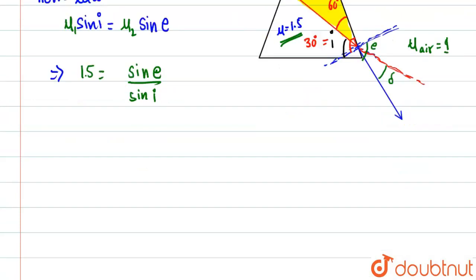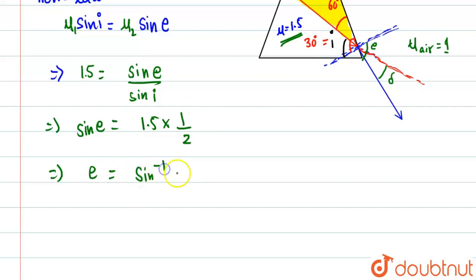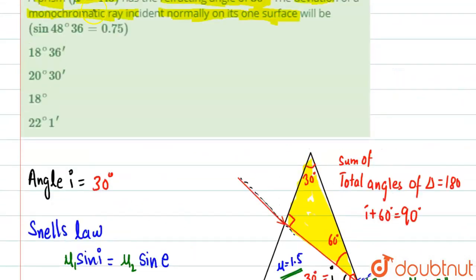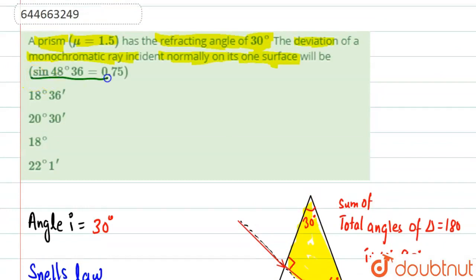So from here, 1.5 will be equal to sine E, which we don't know, so we leave it like this, divided by sine I. So sine E is 1.5 into sine 30 degrees. Sine 30 degrees is 1 by 2. So E will be equal to sine inverse 0.75, and in the question itself it's given that sine inverse 0.75 is 48 degrees 36 minutes.